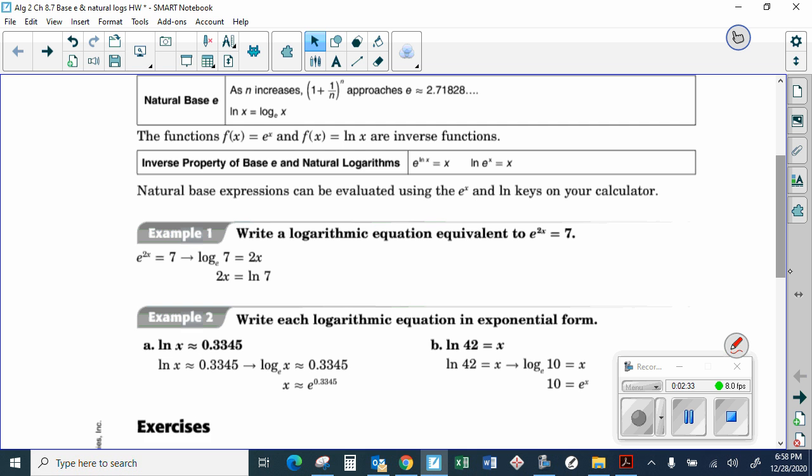Okay, write a logarithmic equation, that means it has to have a log in it, equivalent to e to the 2x equals 7. So when you see base e, we want to use ln every time, because that goes along with it. So we're going to say natural log of 7. Remember, it's this base to this power, so that's e to the 2x right there, equals this number right here, 7. We've already done this before with other bases.